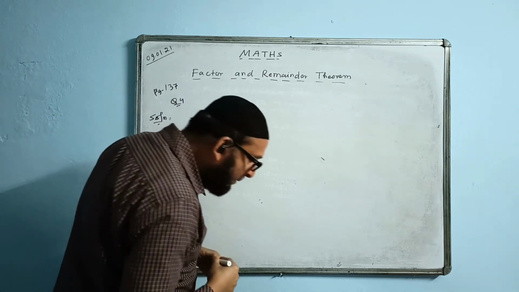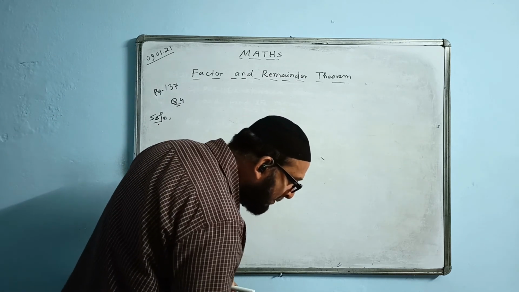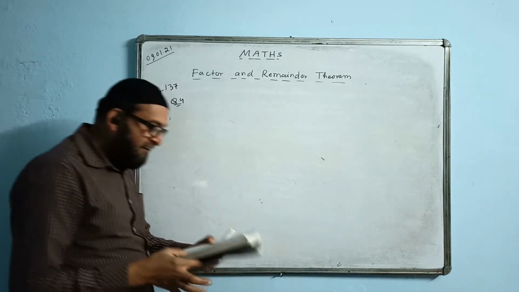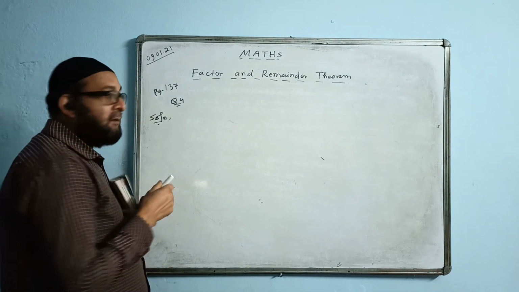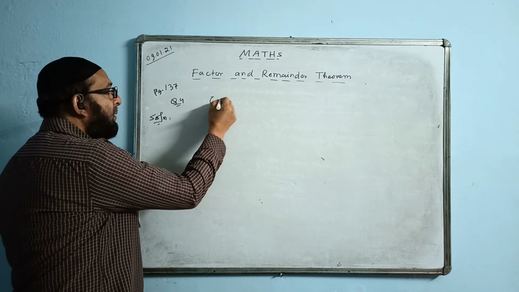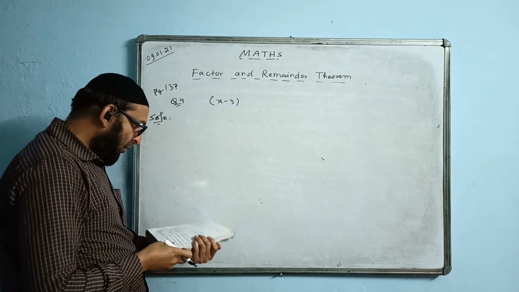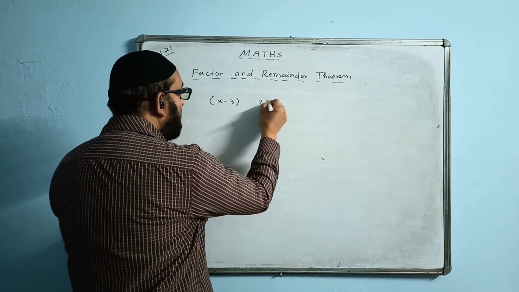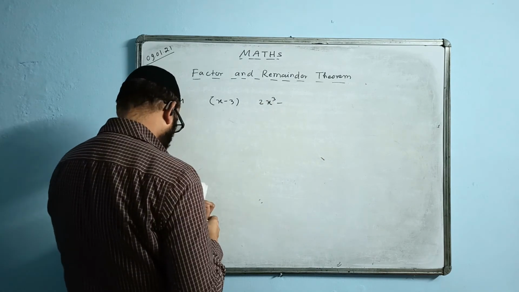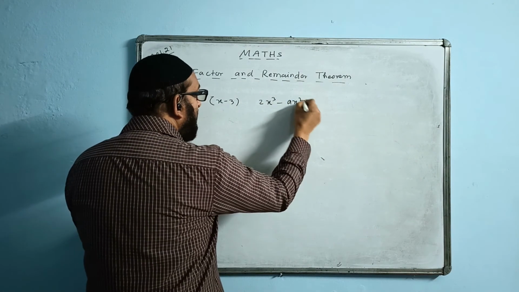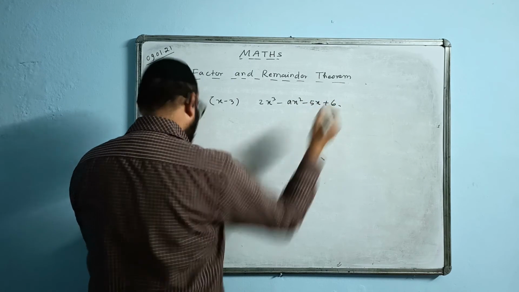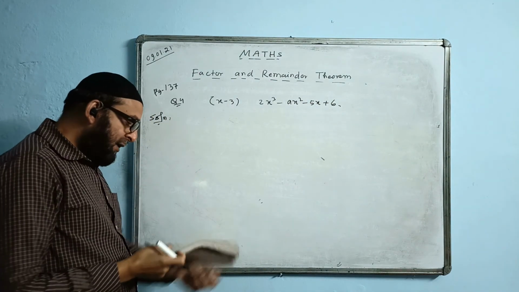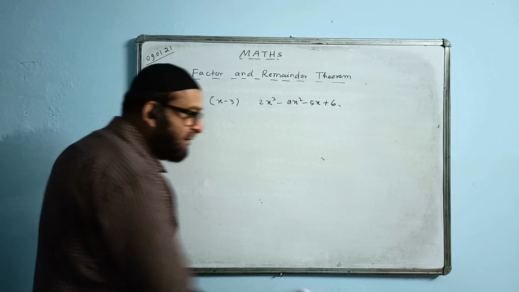Question says, given that x minus 3 is a factor of the expression 2x cube minus ax squared minus 5x plus 6. Find a and the remaining factors of the expression.